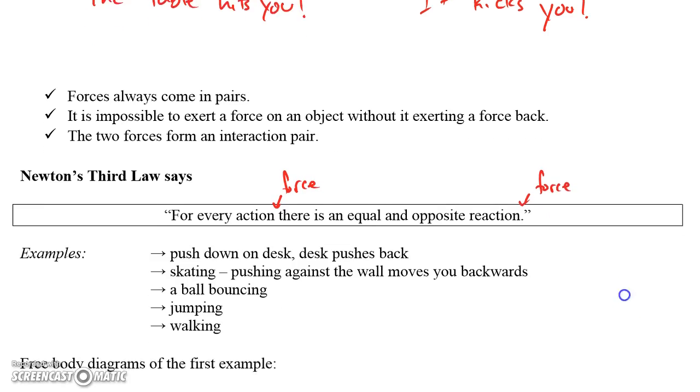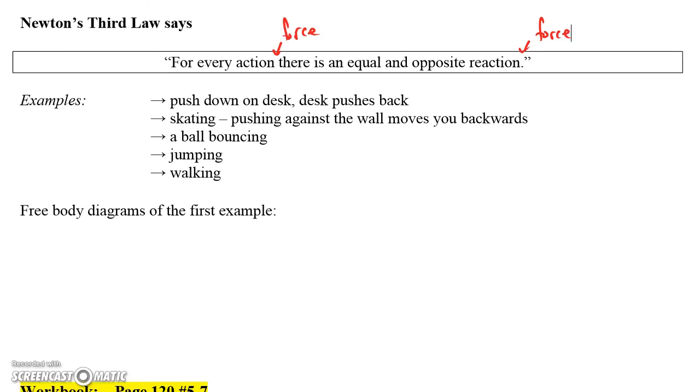So let's draw a free body diagram for the first thing. So pushing down on a desk. So we've got two objects being involved in this. We've got the person and the desk. So we have to have a free body diagram, FBD, say, of the desk here, and FBD of the person over here.